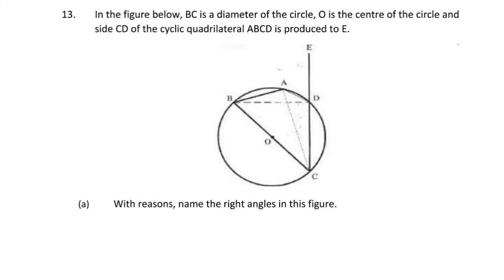Right angles are angle BAC and BDC, and the reasons are angle formed at the circumference is half the angle at the center in the same segment, and that is going to be our answer.